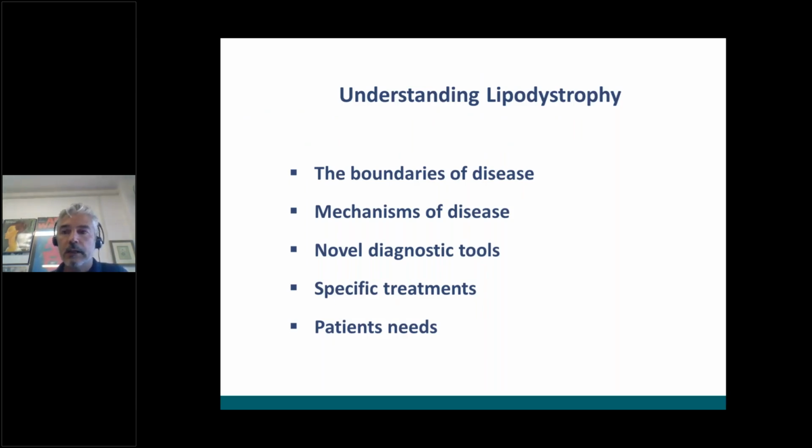Because I think that from my talk, it will be clear that there are so many questions that need to be answered, starting from the precise boundaries of disease and how to make the proper diagnosis, and better understanding the mechanism of disease and possibly novel diagnostic tools. Developing specific, novel treatments. There is something going on under this perspective. And obviously better understanding patients' needs.